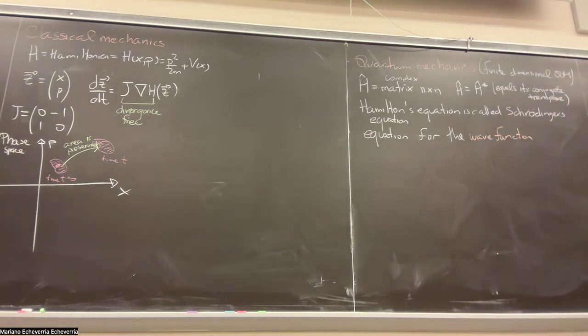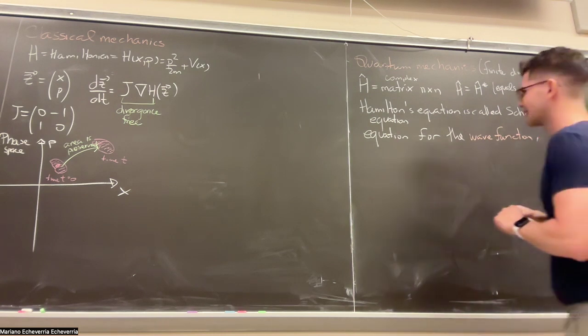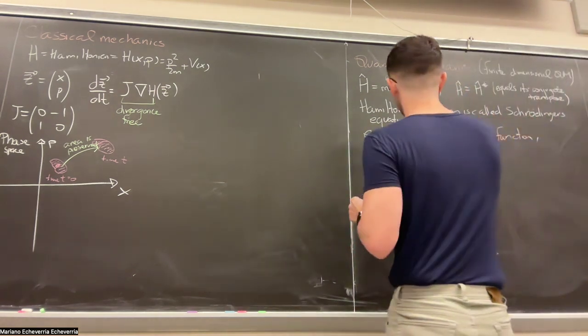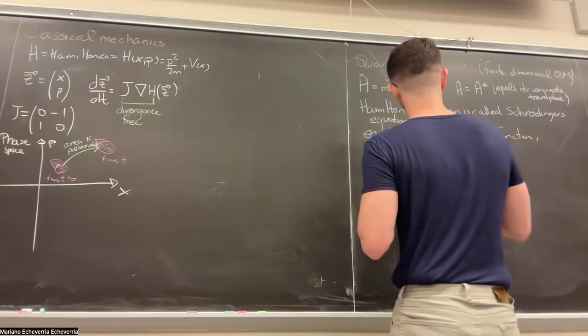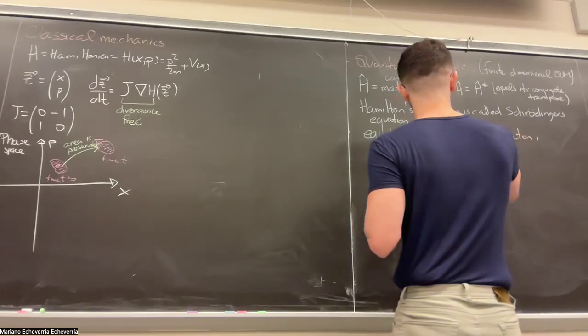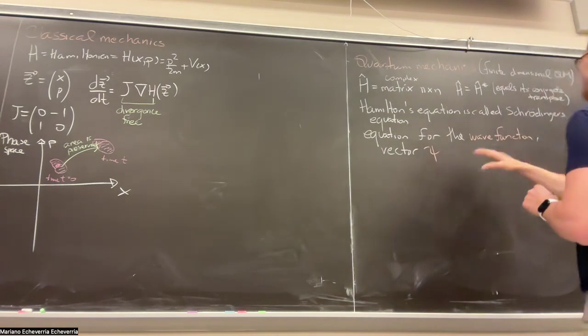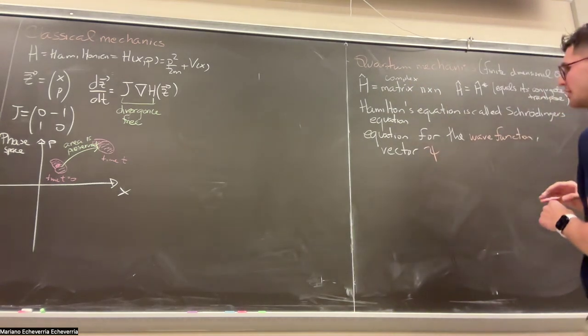But if you're a mathematician, the interpretation is super easy. It's just a vector in a complex vector space, which I'll call psi, just because that's the usual notation for a wave function.